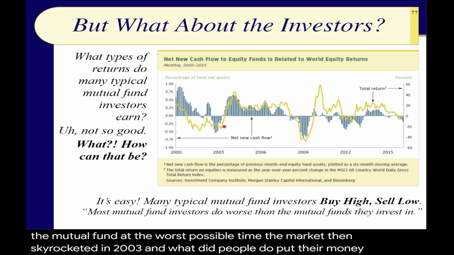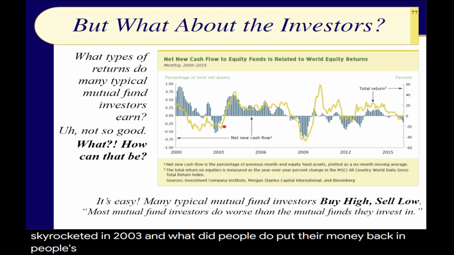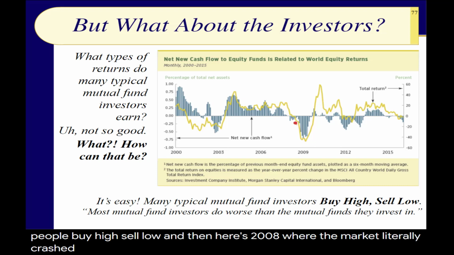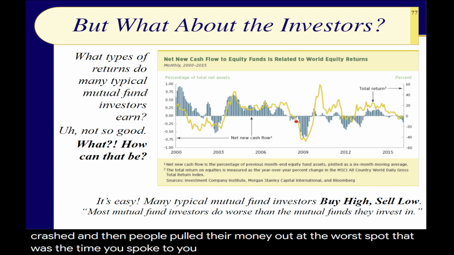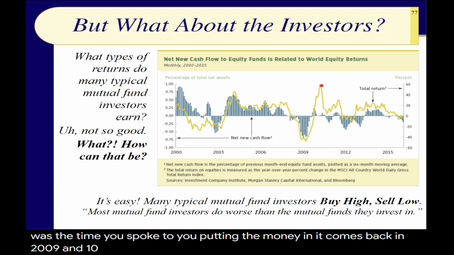Put their money back in. People buy high, sell low, and then here's 2008, where the market literally crashed, and people pulled their money out at the worst point. That was the time you're supposed to be putting money in. It comes back in 2009 and 2010, and people took until 2013 or so to start putting money back in.